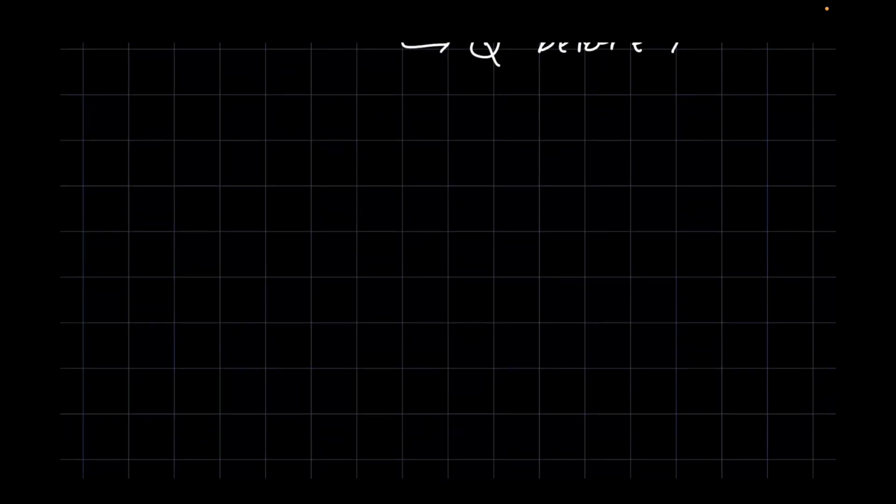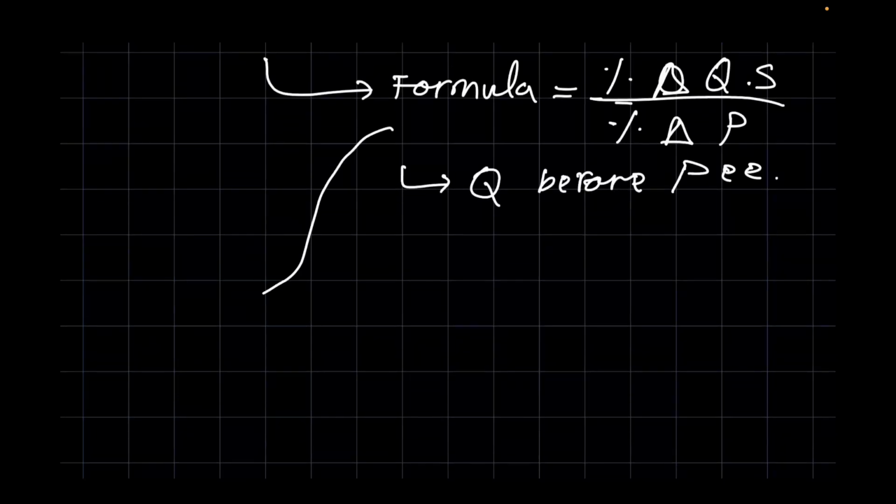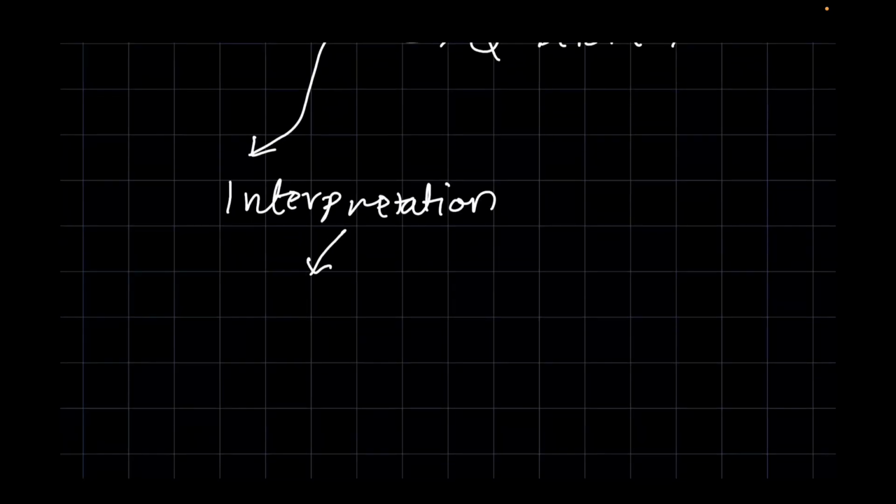Let's move on. When we look at this, we look at two ways of interpreting the formulas. Whenever you have the interpretations of the price elasticities, you look at the sign and you look at the size.